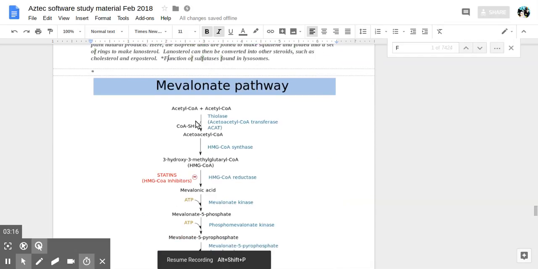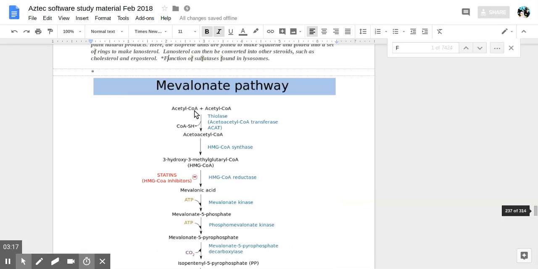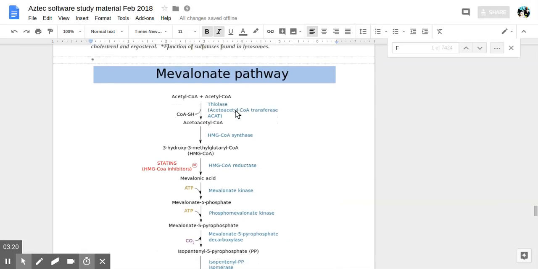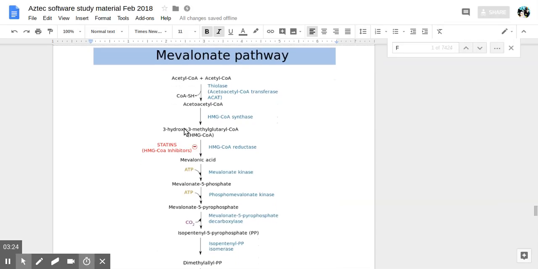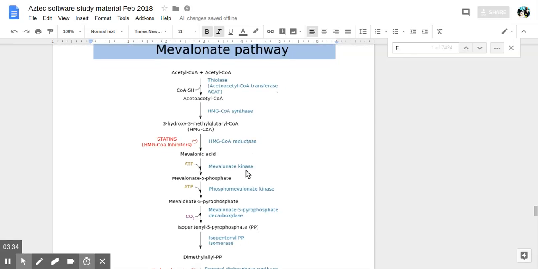So the mevalonate pathway starts off with acetyl-CoA. So these are the enzymes used: transferase, synthase, reductase, mevalonate kinase. So you're using ATP as an energy source.